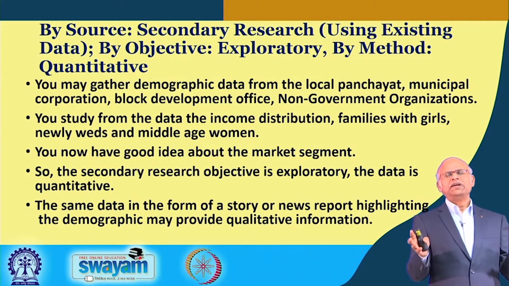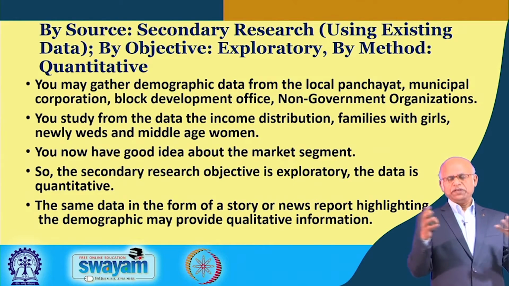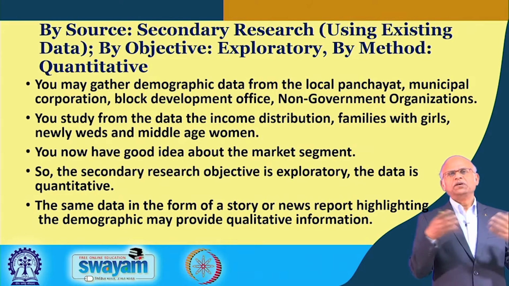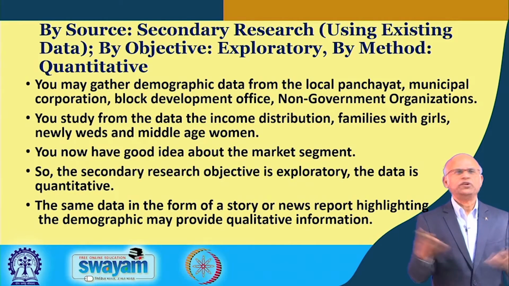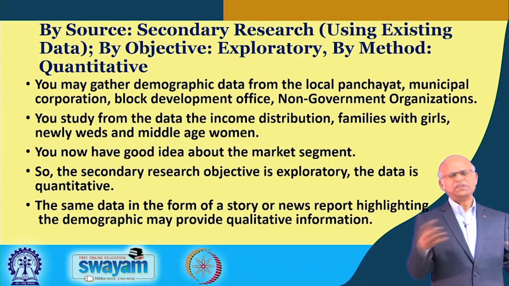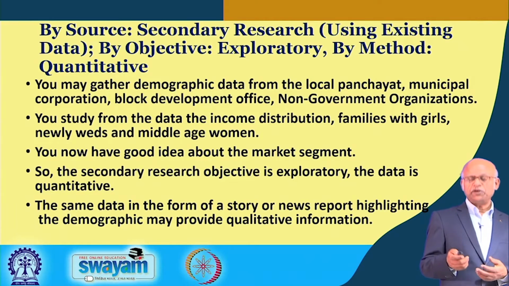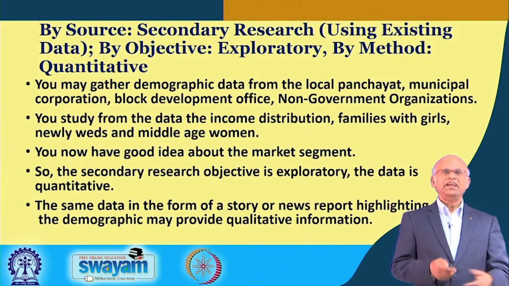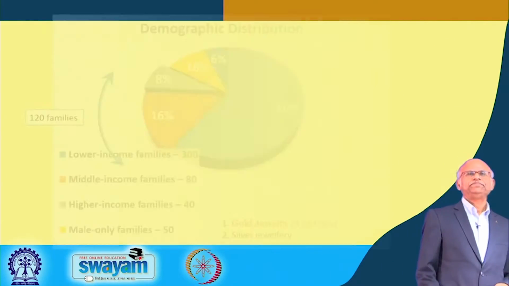Suppose you are reading an article in a newspaper or a magazine where the report suggests that in villages the majority of the people are middle income or something, that may be qualitative data, may not be quantitative. So, it is secondary, exploratory, then quantitative or qualitative.